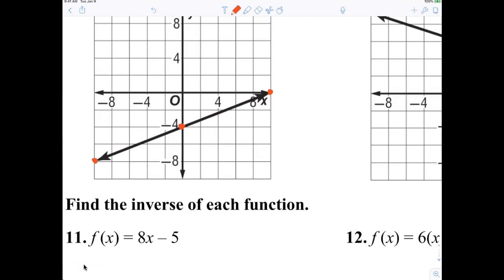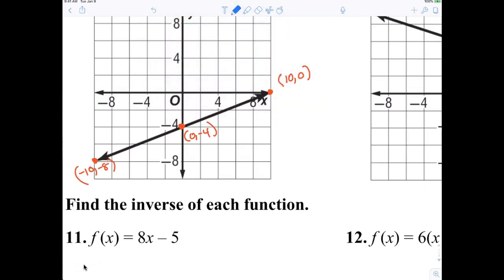But if you don't do 3 points and you make a mistake, you won't know it. So now we have to identify those 3 points that I just drew. If I'm not mistaken, it's going to be 10, 0, 0, -4, and over here it would be -10, -8. Does everybody see that?